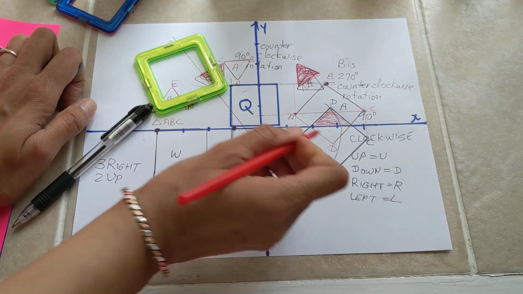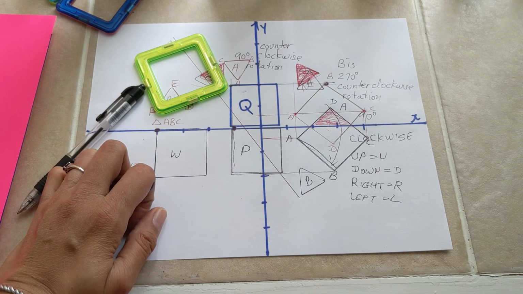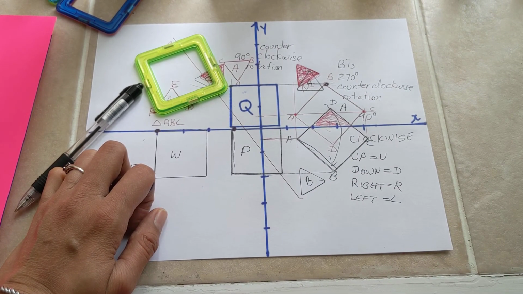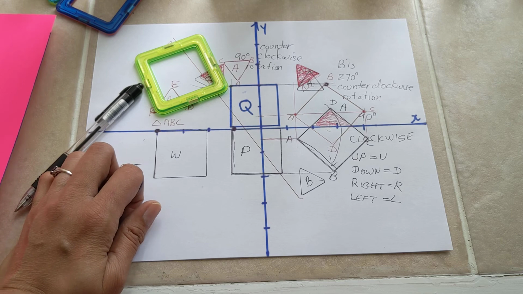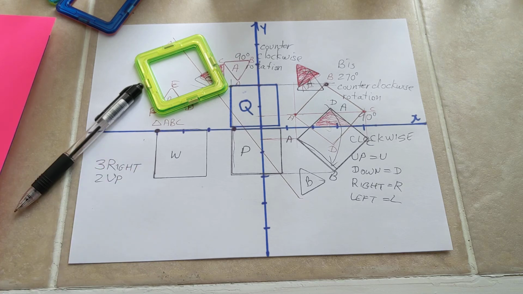So my D ended up here. It's like you're reflecting two mirrors into each other. Whatever's in mirror 1 reflects into mirror 2, and the part in mirror 2 will reflect into mirror 1, if that makes any sense. So play around with it.